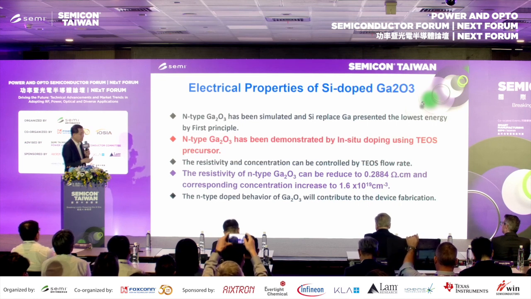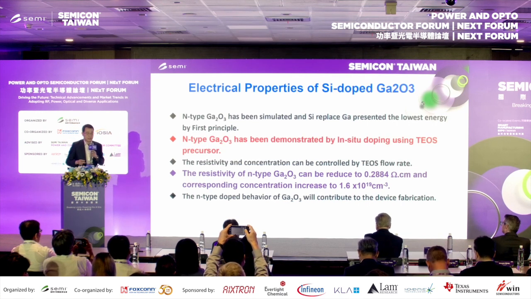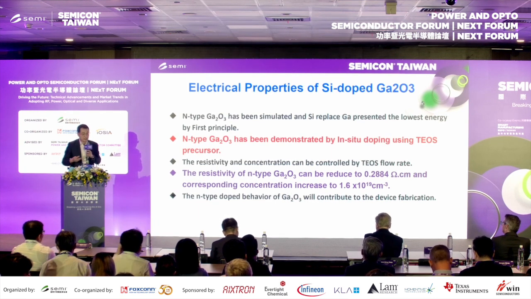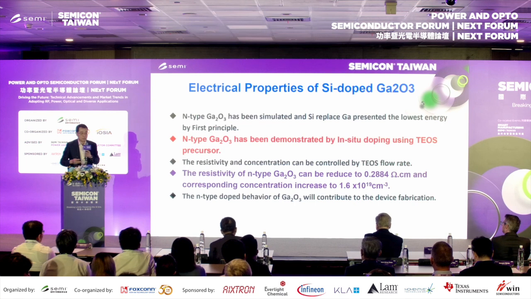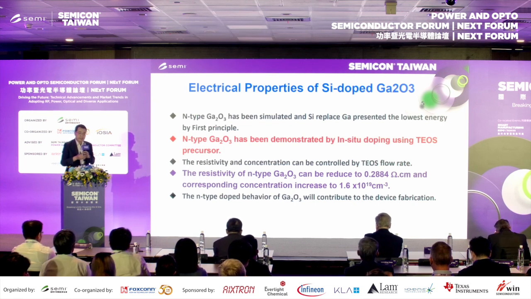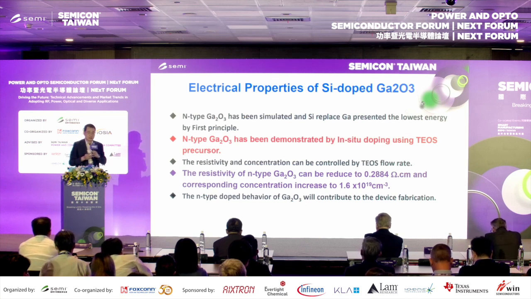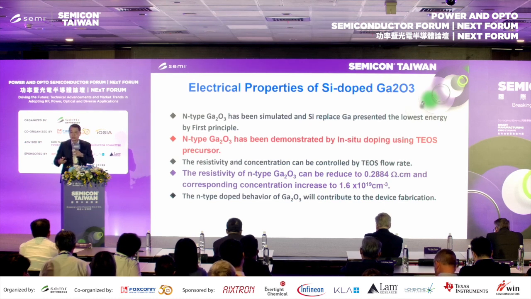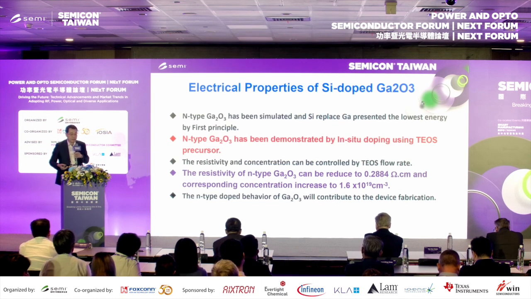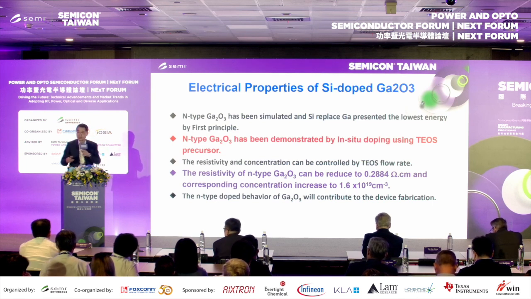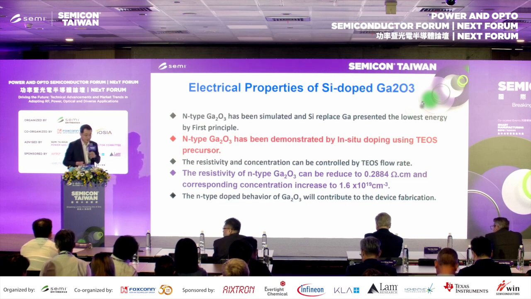So for the electrical properties of the silicon doped gallium oxide, I can summarize: the N-type gallium oxide can be formed by the silicon replacing the gallium, and represent the low energy by first principle. The simulation and expected performance correlate very well, and we also use the tail source, a very conventional MOCVD precursor, and the resistivity and concentration can be controlled by the tail flow rate.